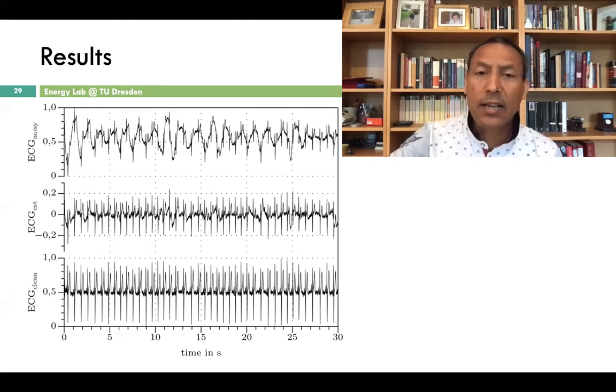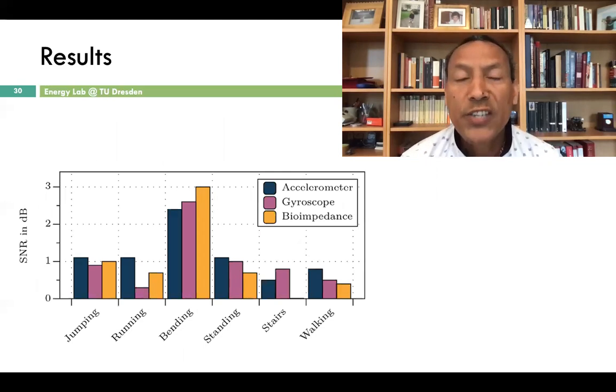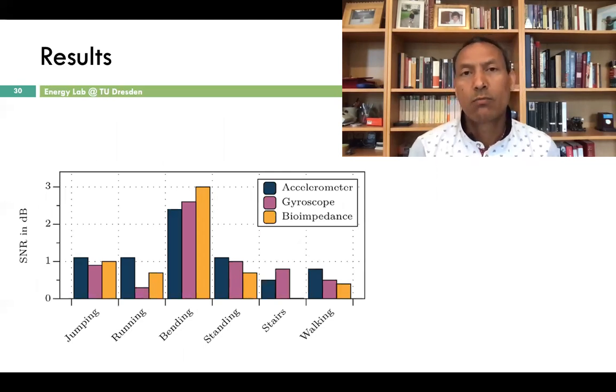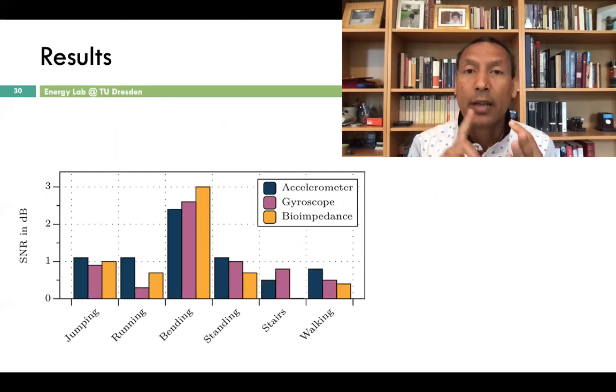Now, our next examination was to see which of the motion sensors were useful and for what type of movement. As I told you, we have considered accelerometer sensors, gyroscope, and impedance sensors, among others.